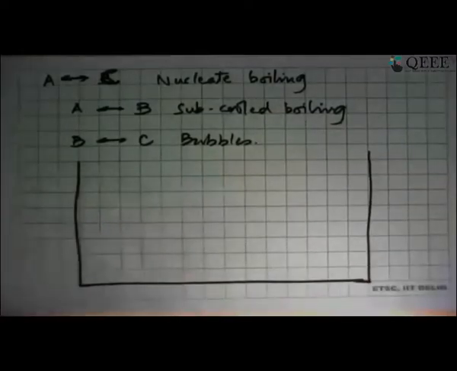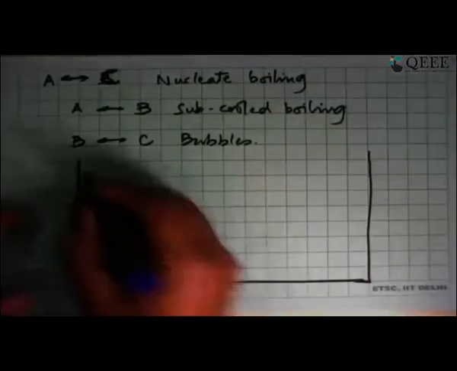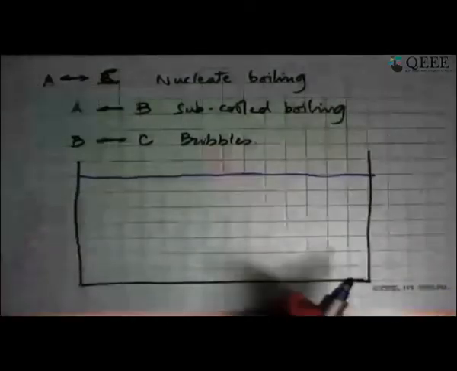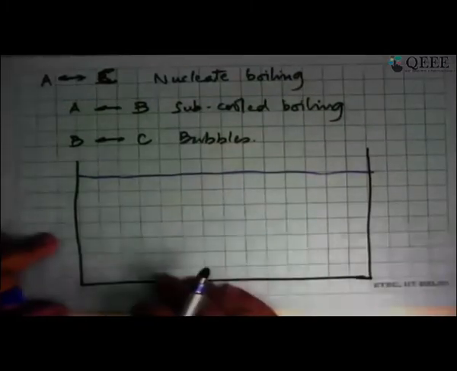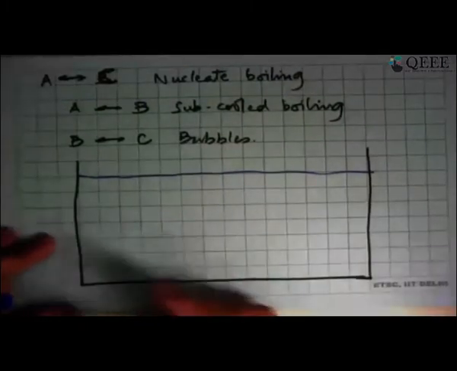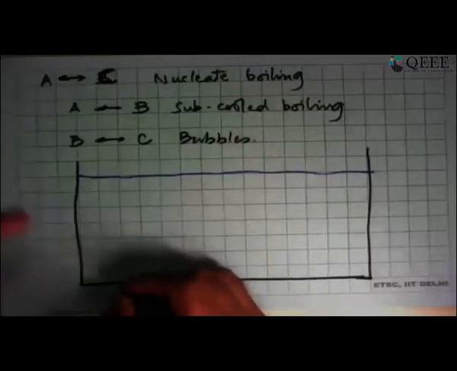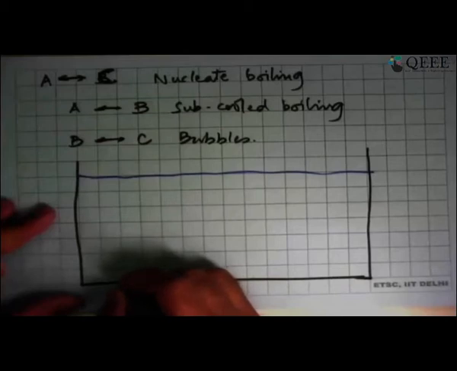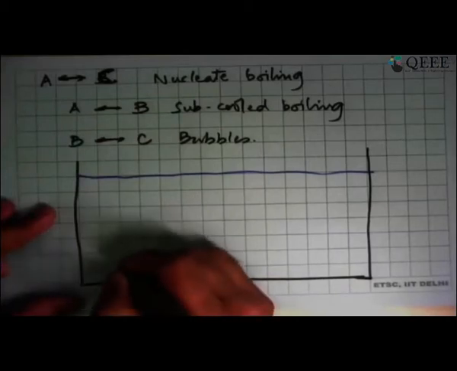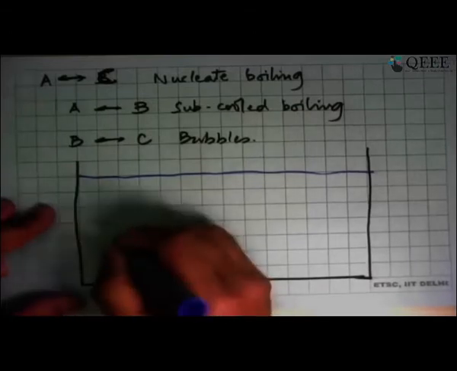That's our pool, and we are maintaining a certain, this is at saturated liquid, and we are maintaining the surface at a certain temperature. What happens in A to B, which is subcooled boiling, is that at a lower value of delta T, which is why A to B is on the lower range, you'll find a bubble is formed there. It grows a little bit, detaches from the surface, but as it comes out, it sees cooler liquid there.